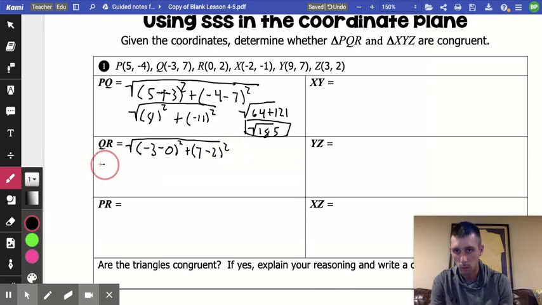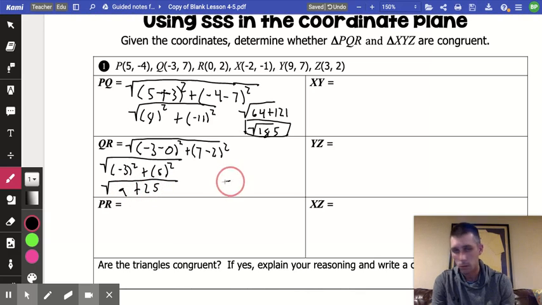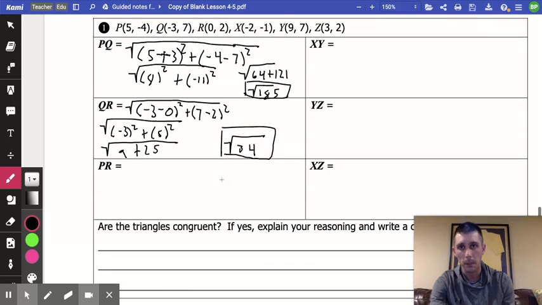So negative 3 minus 0 is obviously just negative 3 squared, plus 7 minus 2, 5 squared. Negative 3 squared is 9, plus 5 squared, which is 25. Add those together, square root of 34. Okay.